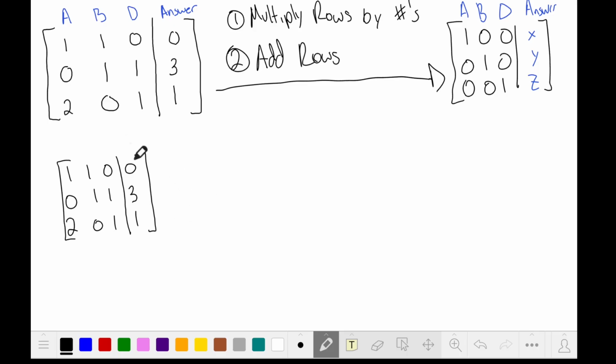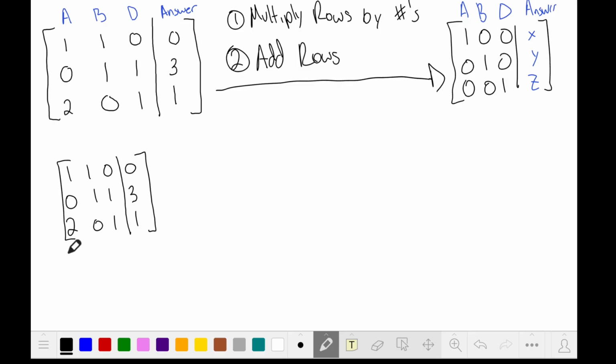And so what do I want to do? Well, when we're doing this kind of matrix solving of linear equations, what we try to do is start with a 1 up front and make zeros down below. So the first row already has a 1 in the front. Perfect. The bottom row already has a 0, so that's good. But we see that row number 3 has a 2 in front. So I want to make this 1 get rid of this 2.